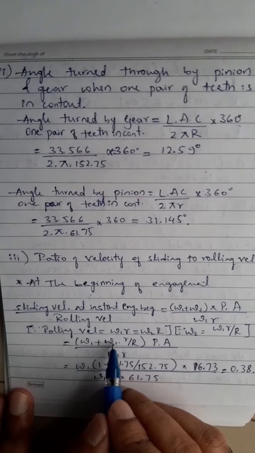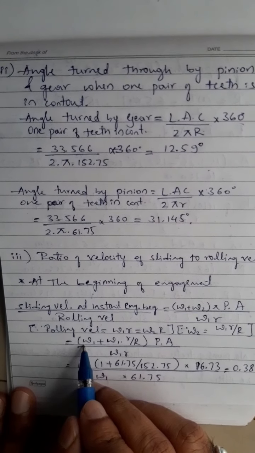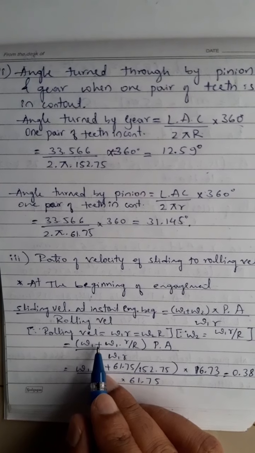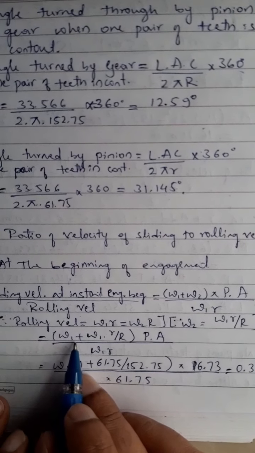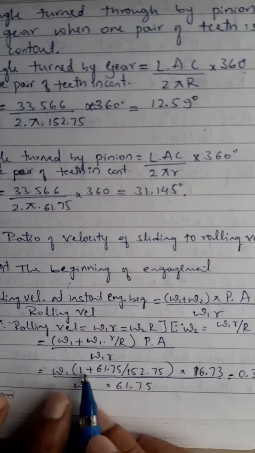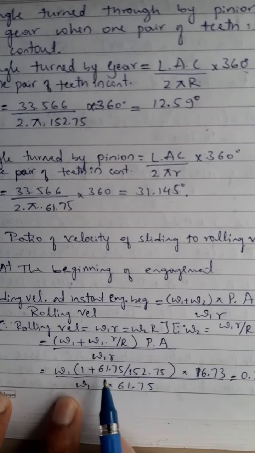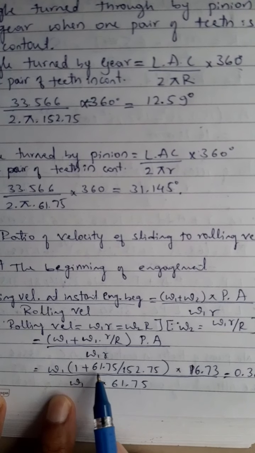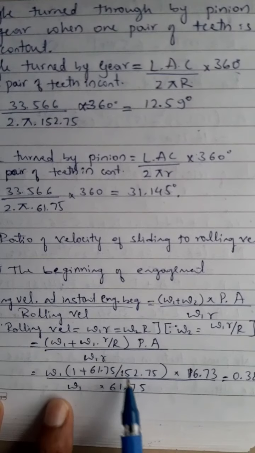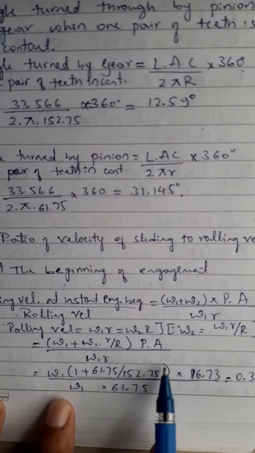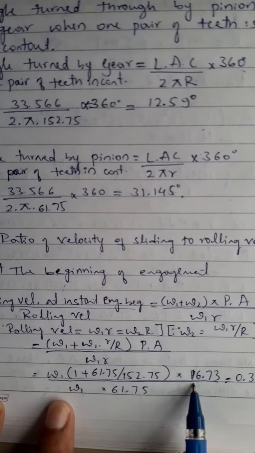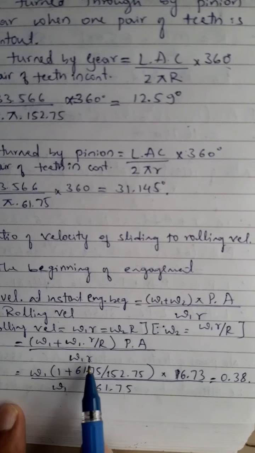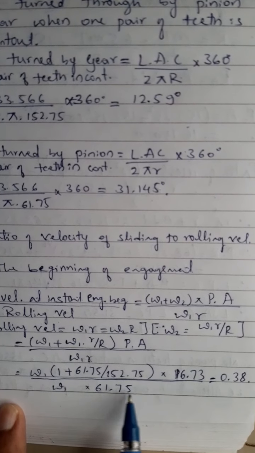Taking omega 1 as a common factor outside, we have 1 plus the value of small r as 61.75 divided by capital R as 152.75, into path of approach as 16.73, divided by omega 1 into the value of small r as 61.75.